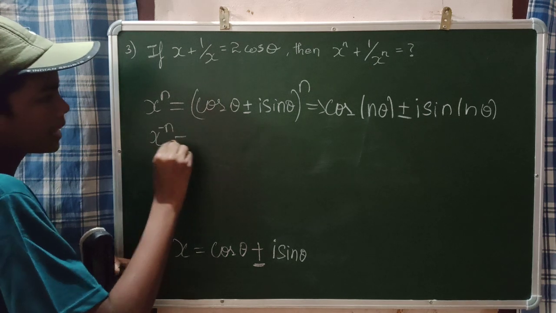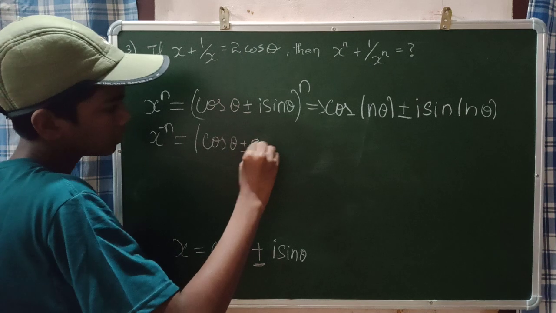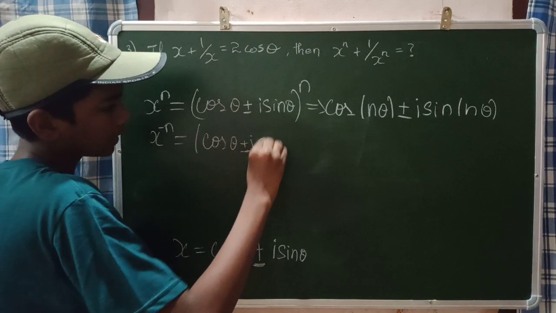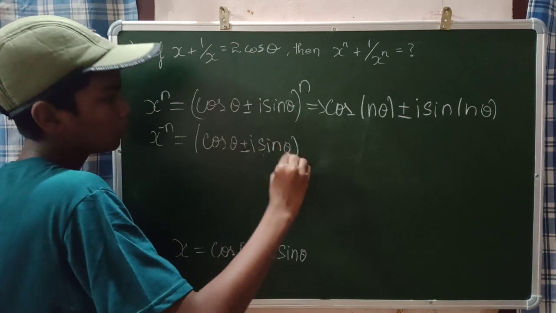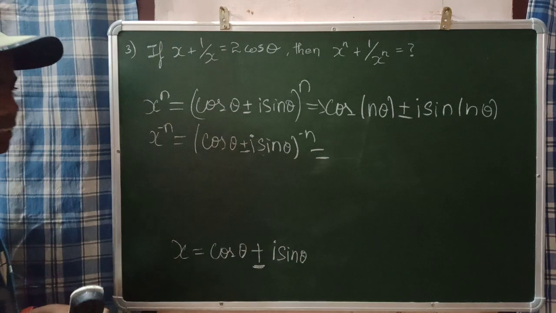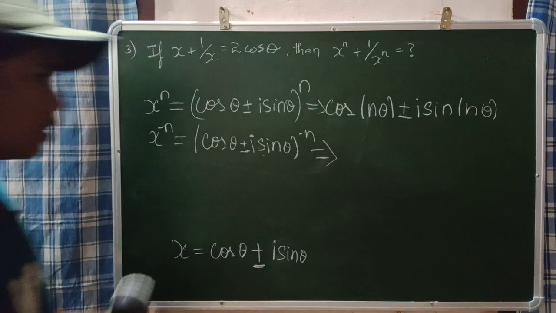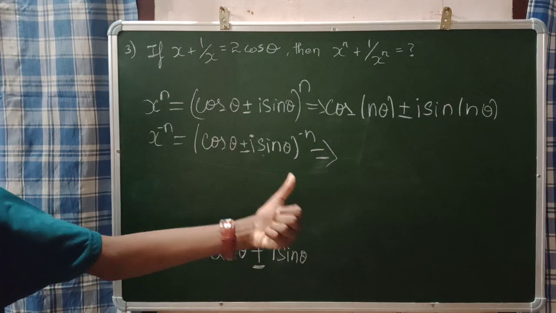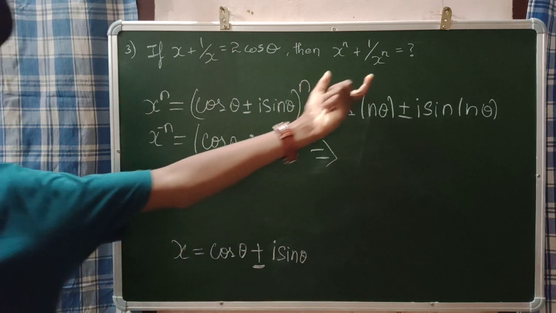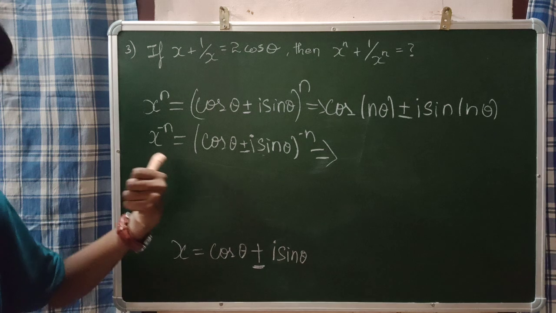So x to the power of minus n is nothing but cos theta plus or minus iota sin theta whole to the power minus n. This is also very simple, same as before. Just multiply minus n with the theta's value, because your power is minus n, not n. Your power is minus n because it is 1 by x to the power of n, which is x to the power of minus n. That's why I wrote that.